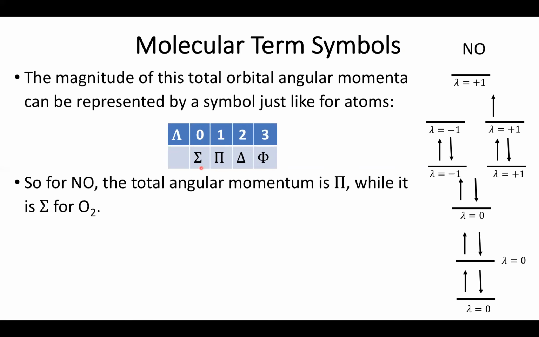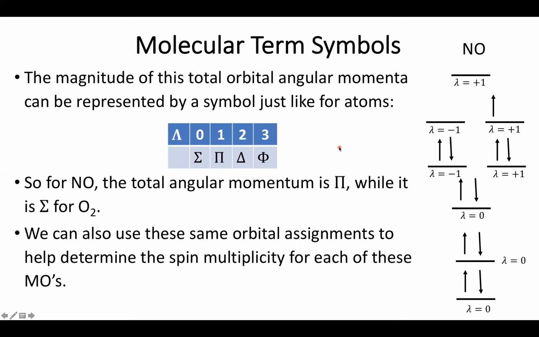So this is going to be a symbolic way of telling us about our orbital angular momenta. We're going to be most frequently encountering sigma, pi, and delta. A delta angular momenta you can imagine being generated by something like an excited state oxygen, where I've got two valence shell electrons both residing in the same +1 orbital.